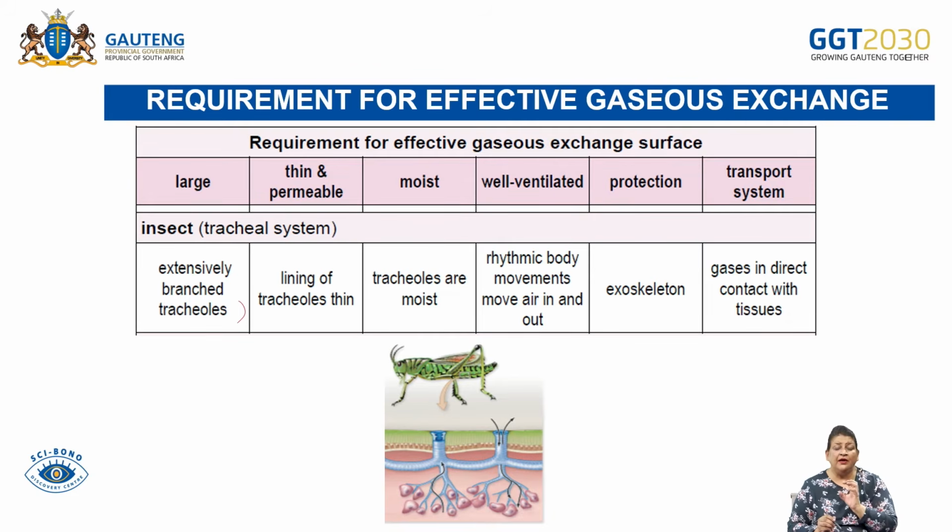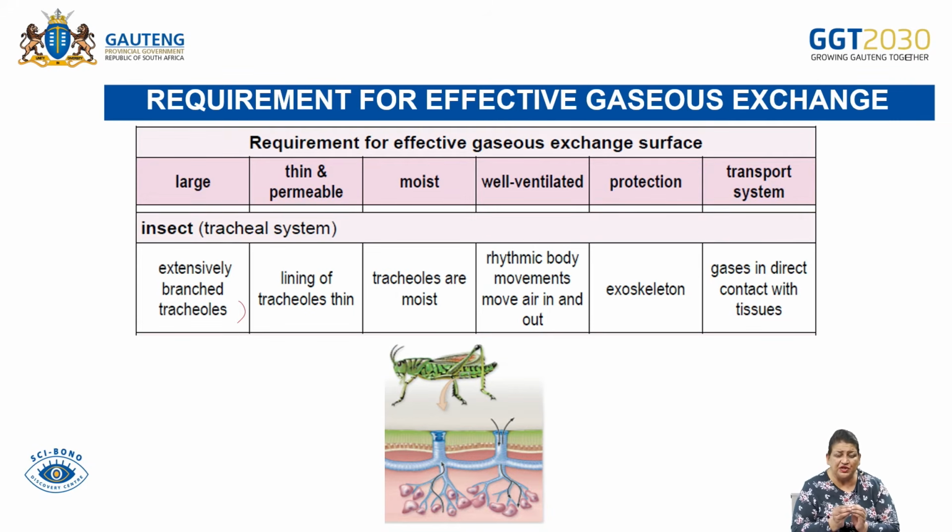Because now the locust's skin is dry, the locust cannot breathe through its skin like the earthworm, because the locust has a very hard, quite thick, dry exoskeleton. So locusts cannot breathe through their external surfaces.